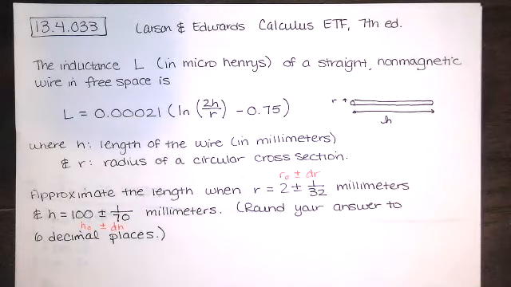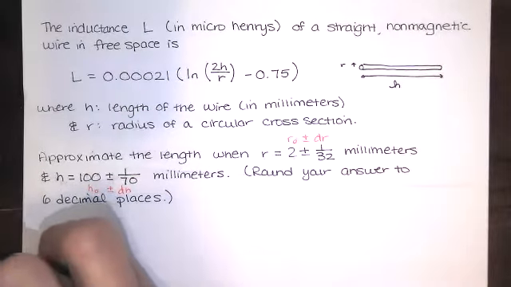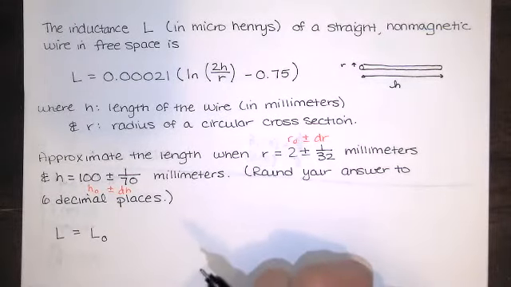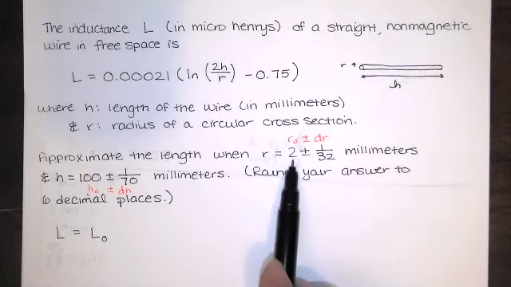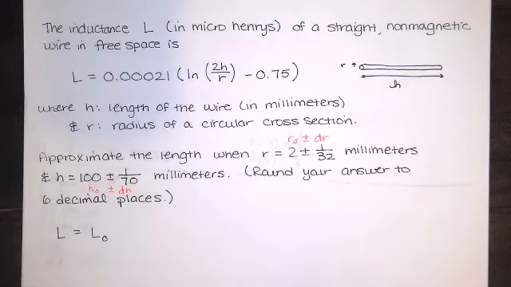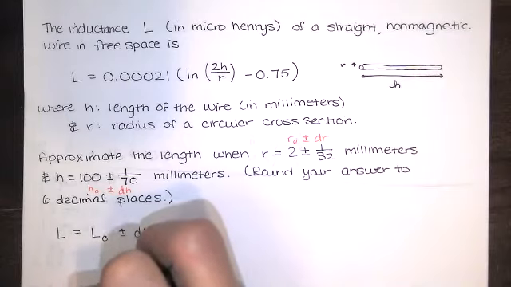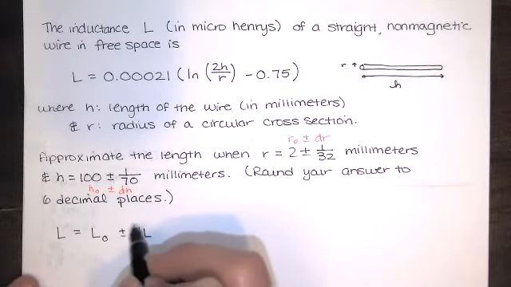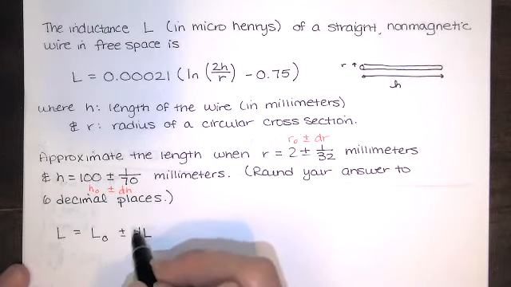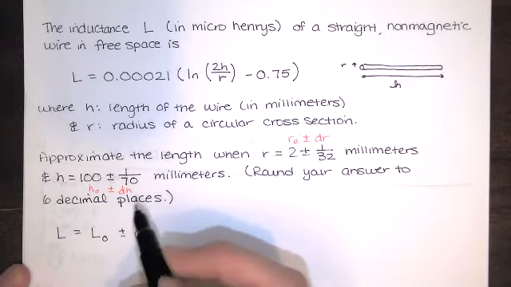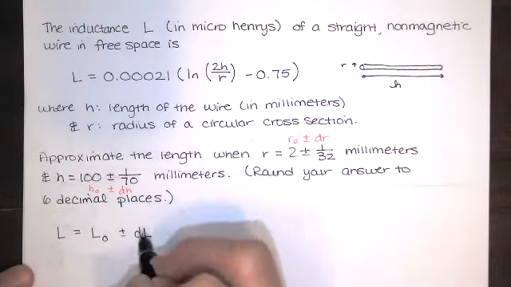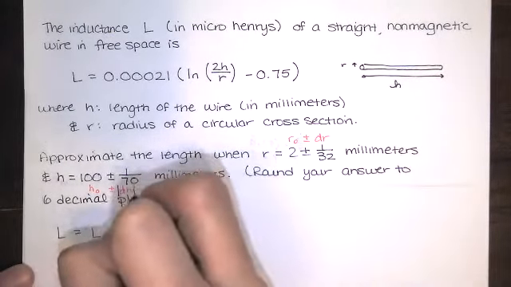When they ask us to approximate the length, what they're really asking for is L equals L naught, the calculated value of L using this value of r and this value of h, plus or minus dL, where dL is given by our differential formula. And this is going to be the maximum dL, the maximum error in measuring L. So we should probably use absolute values around all of these.